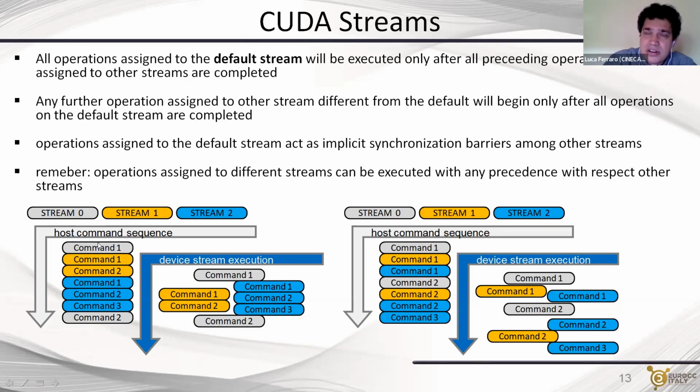The color of the boxes shows the stream to which I assign that particular command. So for example, command 1 in gray will be assigned to stream 0.